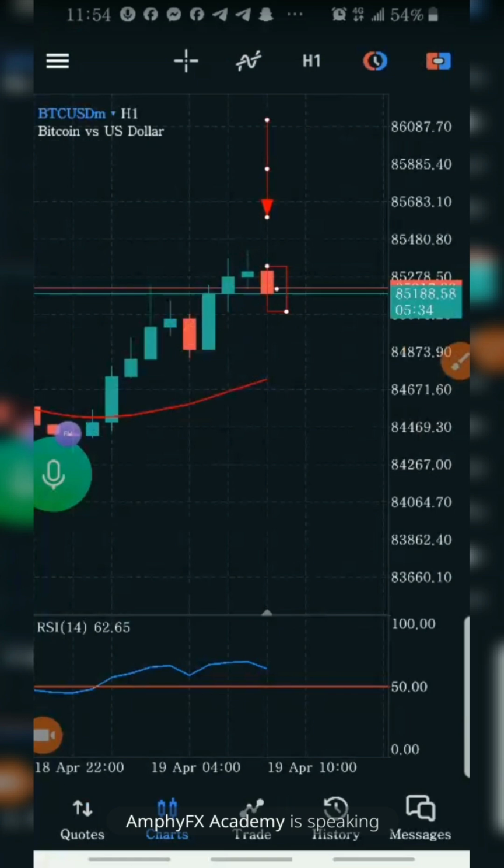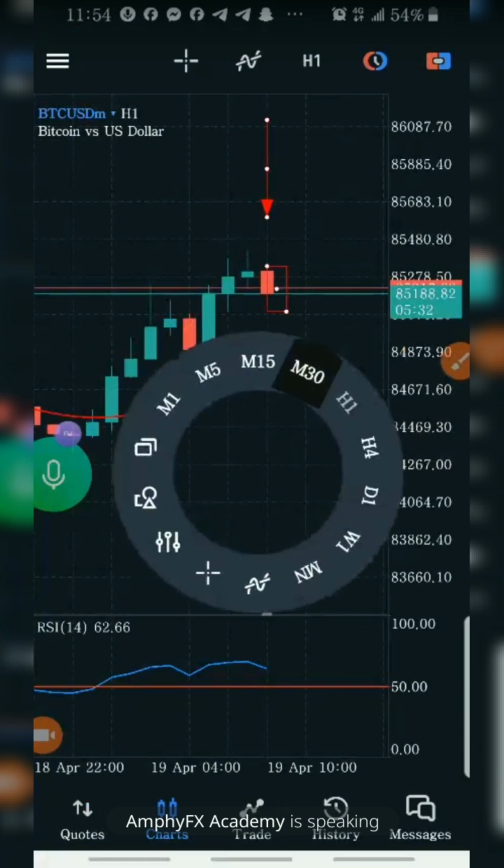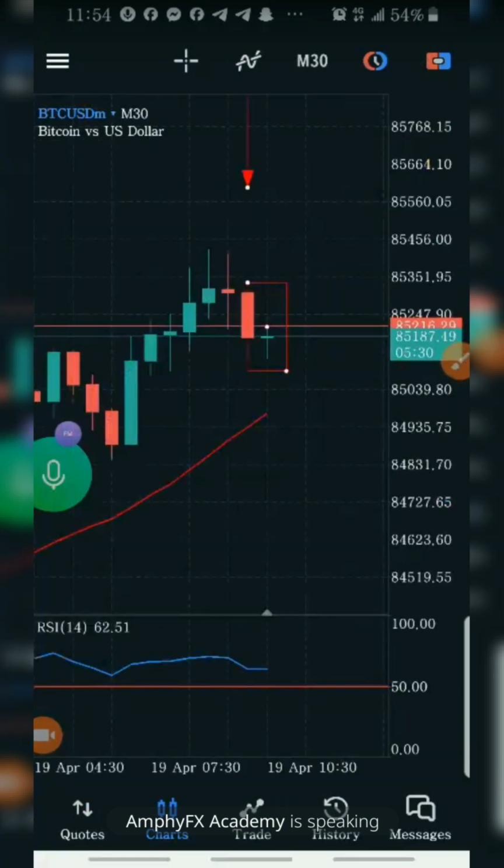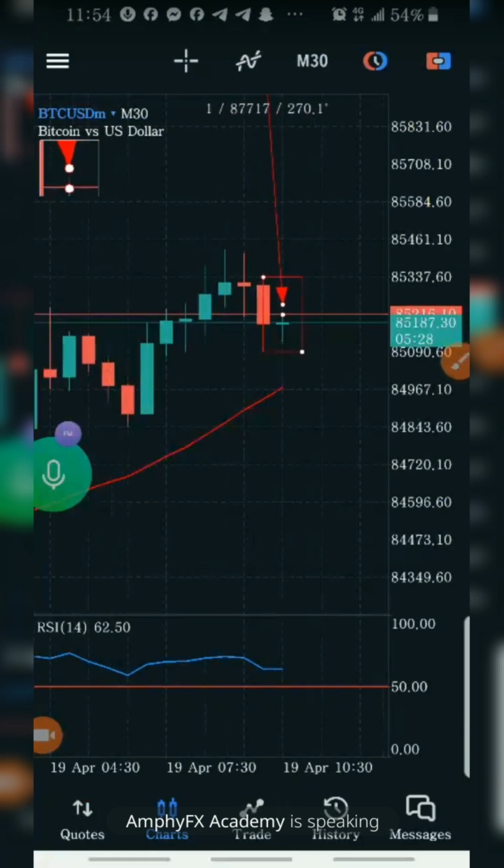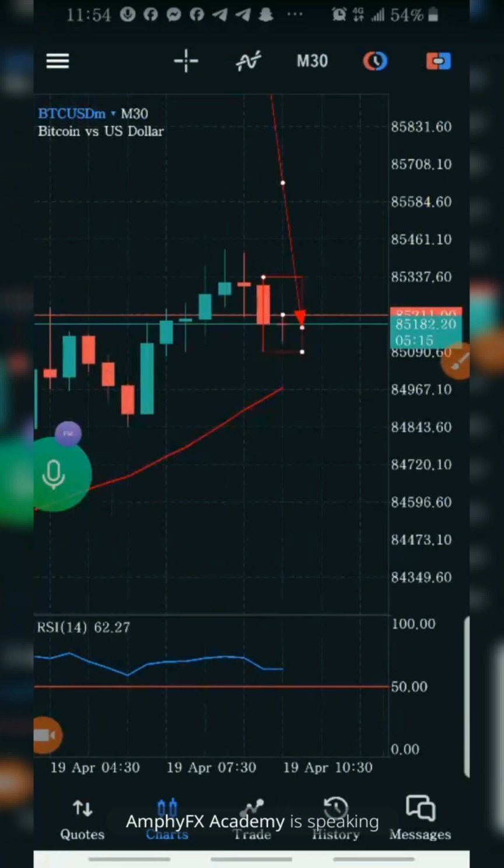So inside this candlestick of 1 hour, if I tap on the screen and switch to M30, now you can see it has turned to 2, meaning this candlestick is 30 minutes, this one is 30 minutes. Inside that 1 hour, 30 plus 30 is what? 60 minutes. 60 minutes make how many hours? 1 hour.